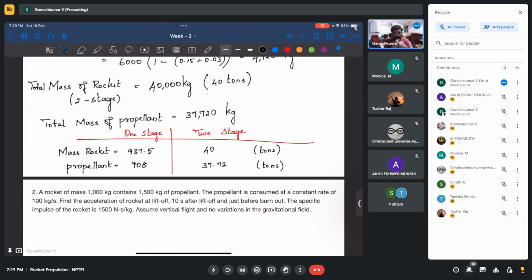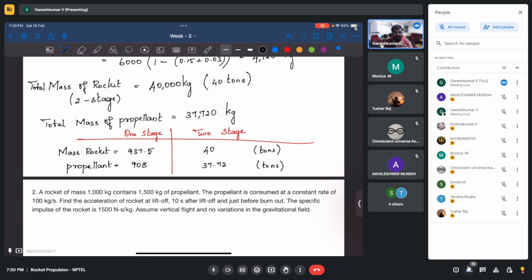So that is why you will see rockets have three or four stages sometimes, rarely, but three stages in any rocket launch. It's in order to reduce the mass of the rocket and the propellant usage, and this also helps us increase the payload.